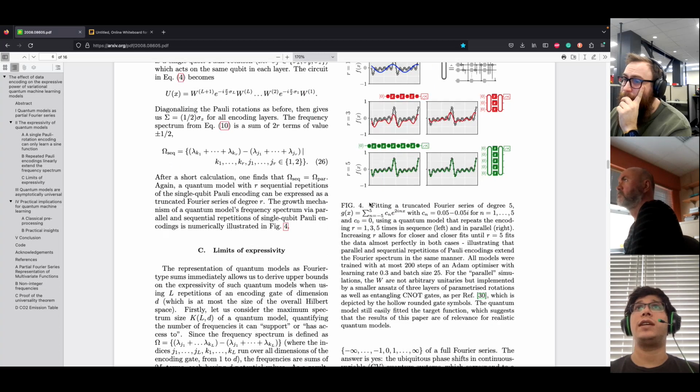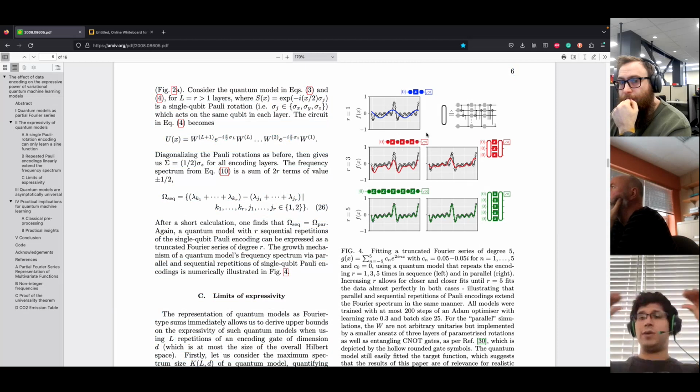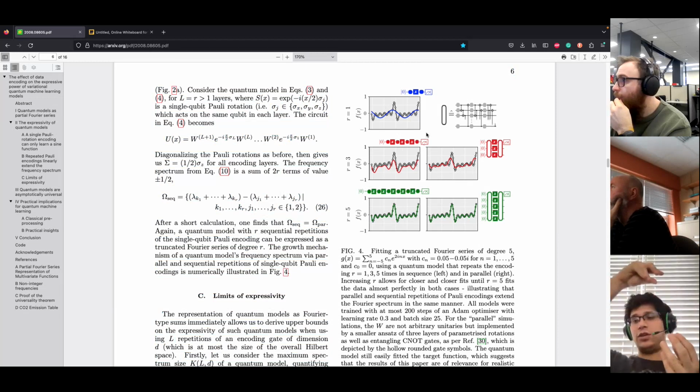Now let's see what they say. Fitting a truncated Fourier series of degree 5 with some values using a quantum model that repeats the encoding 1, 3, and 5 times in sequence and in parallel. Okay, I see. So in sequence, that means you input the data on just one qubit, or you do it in several qubits.